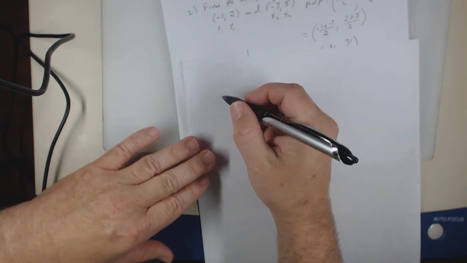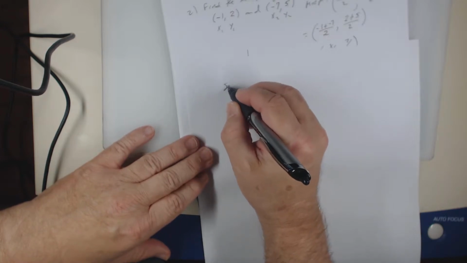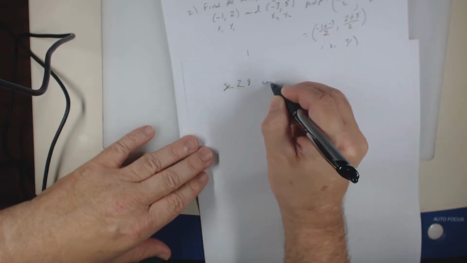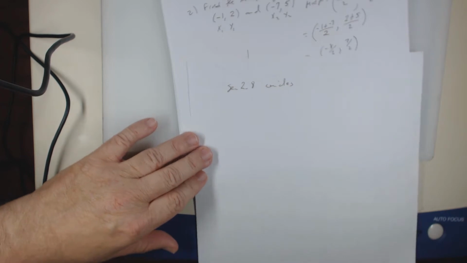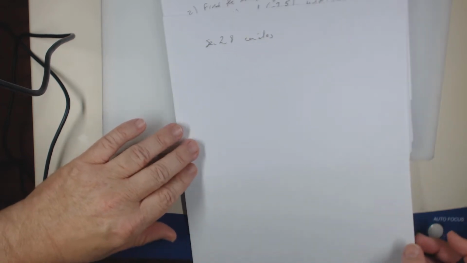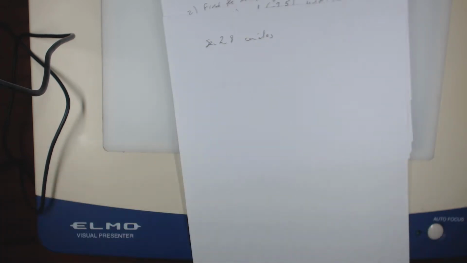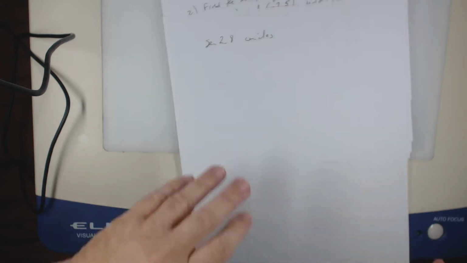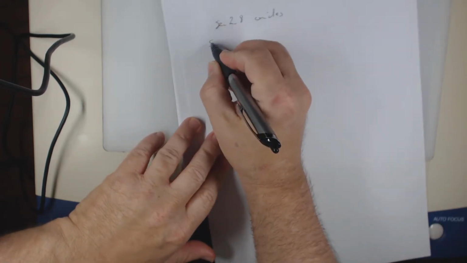Okay, you ready for circles? Yes. No. There's a lot. Okay, so section 2.8 still, we're dealing with circles. All right, so first of all, you need to know the standard form for the equation of a circle.